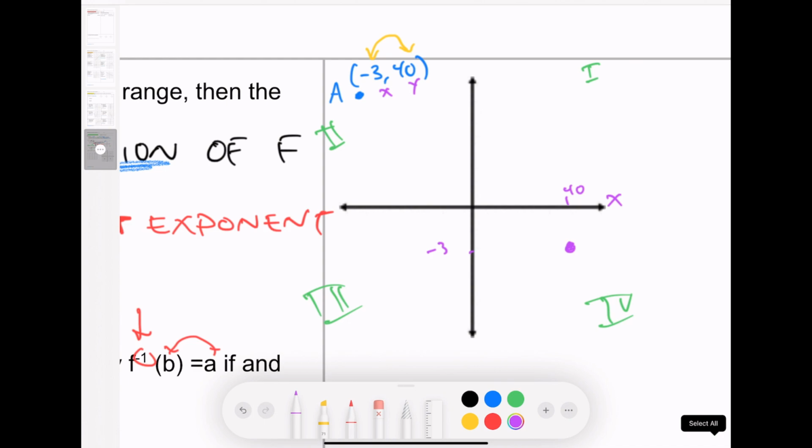Transformations. Or you're moving a point, they will add this notation. That notation is called prime. So this ordered pair, or this point now, is called A prime. Say it. What's the new coordinate of A prime? We just switched the x's and y's, and now that ordered pair is (40, -3).